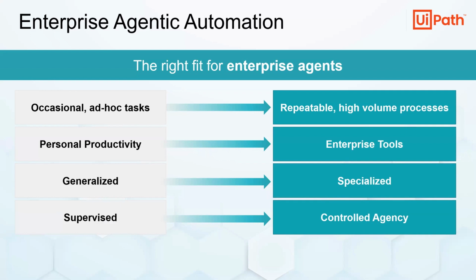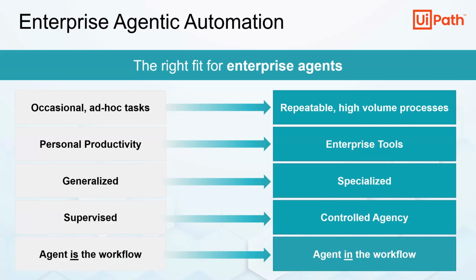Something else is supervised versus controlled agency. So supervised agents like copilots are super helpful, and it's an entry point for automation and agentic automation. But we enable customers to move from fully supervised to fully autonomous agents by applying controlled agency and agentic orchestration. And we're going to take a look at how that looks later in the platform.